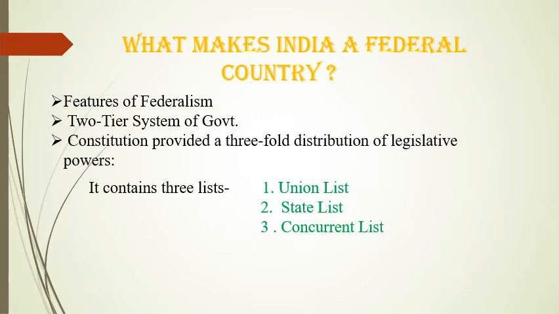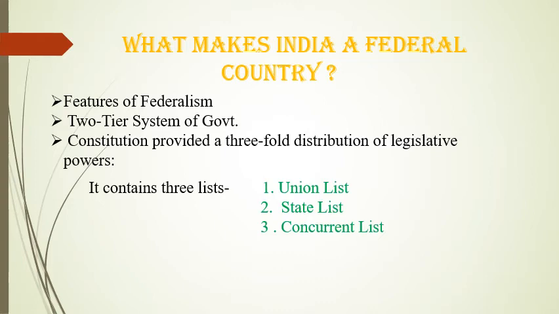Then next, the Constitution provided a threefold distribution of legislative powers. That means a third tier of federalism was added later in the form of panchayats and municipalities. The Constitution clearly provided a threefold distribution of legislative powers between the union government and the state governments. It contains three lists: first, union list, second, state list, and third, concurrent list.